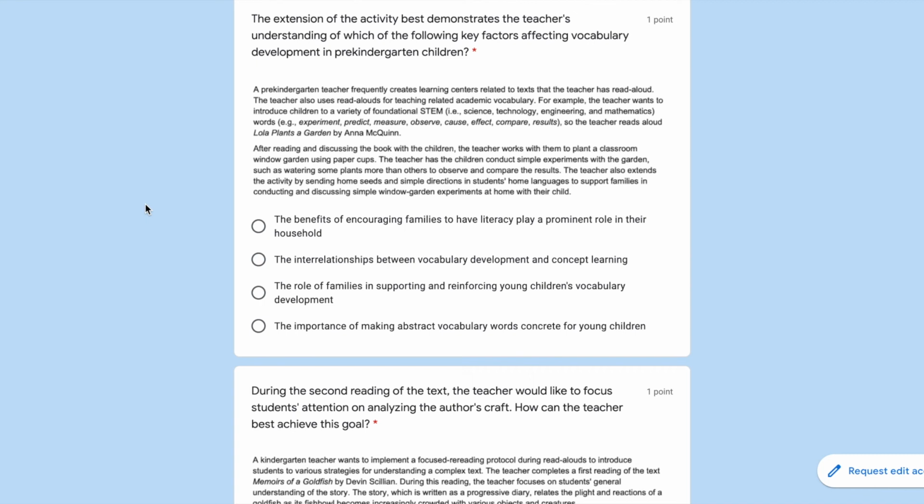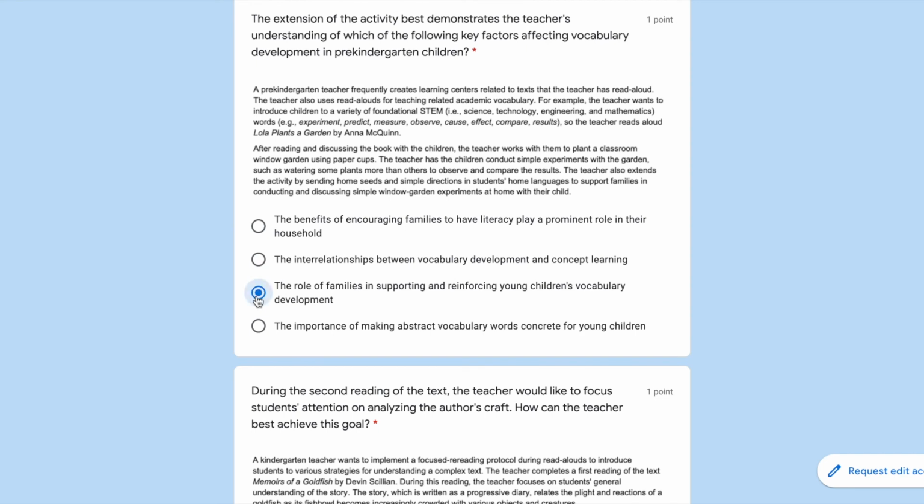B, the interrelationships between vocabulary development and concept learning. C, the role of families in supporting and reinforcing young children's vocabulary development. Or D, the importance of making abstract vocabulary words concrete for young learners. Take a moment here. Select the answer that is best.